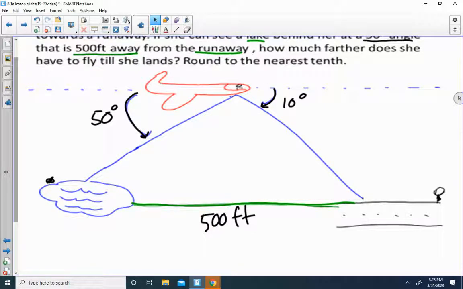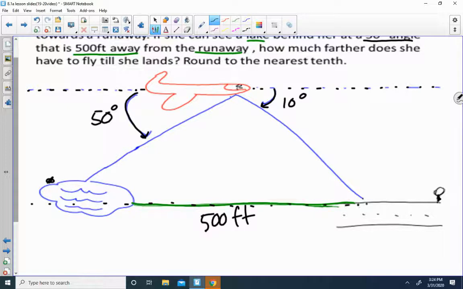Well, I do want to say this. Assume at this moment, before she starts descending the plane towards the runway, that she's flying straight. Or in other words, let's assume that she's parallel to the Earth.